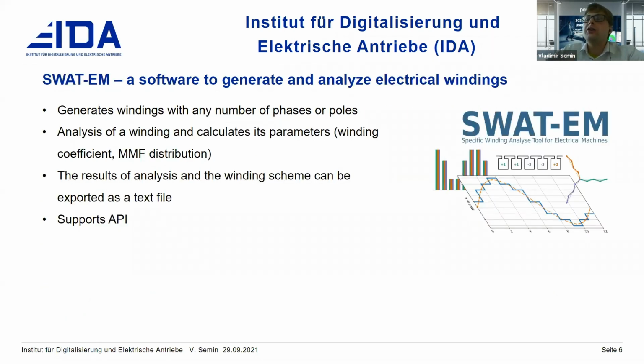To generate the initial data, the parameters like the pole pair number or the phase number, I used a software tool called SWAT-EM, which is a free tool and can generate all possible existing windings with a given number of poles, phases or slots.